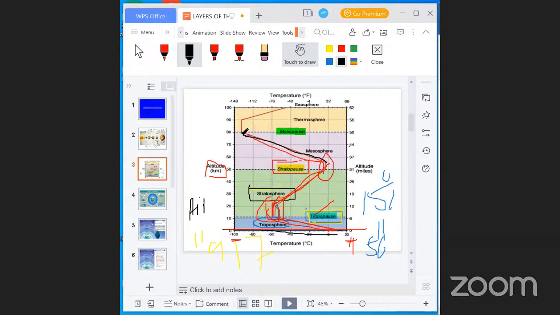So it is negative, minus some degrees Celsius at the upper boundary of the mesosphere, right? So it goes to the minus segment, and this is the plus segment and this is the minus segment, right?